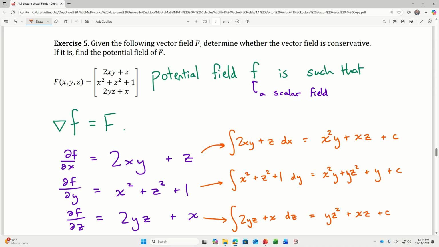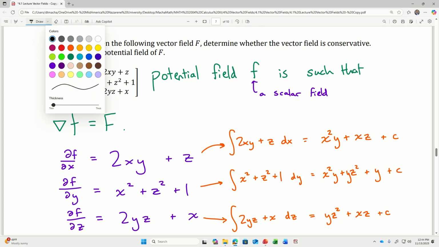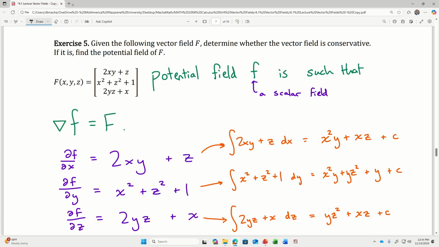When we were just doing single variable calculus, this constant was just a real number, right? It couldn't be anything that included your variable. But this time, since I'm taking the antiderivative with respect to x, this little guy is only constant with respect to x, but it could include y and z.